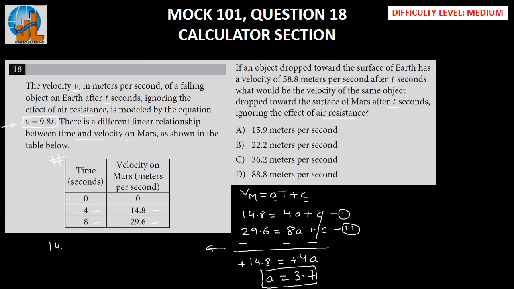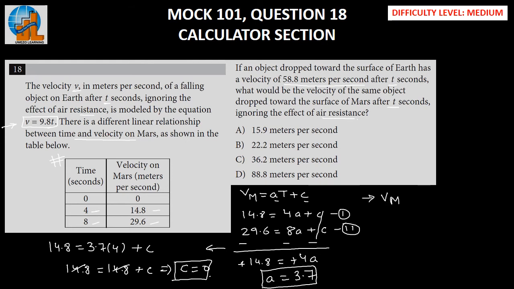So 14.8 = 3.7 times 4 + c. So 14.8 = 14.8 + c, which implies c is 0. So the velocity of an object on the surface of Mars is Vm = 3.7t.